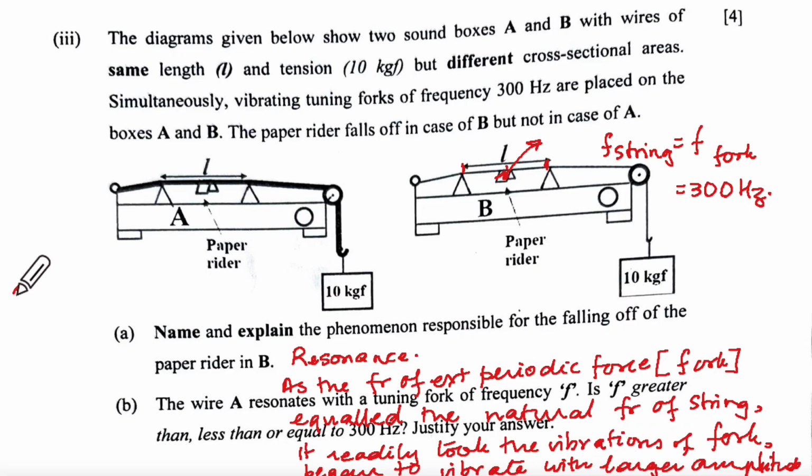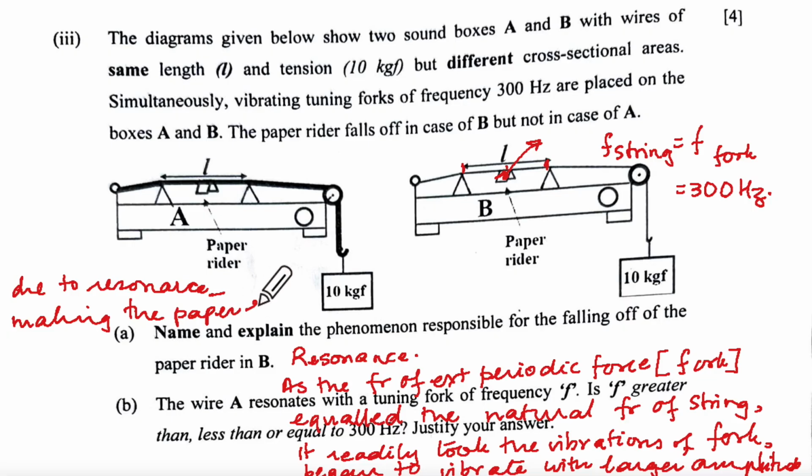Due to resonance, put a dash over here, making the paper rider fall.